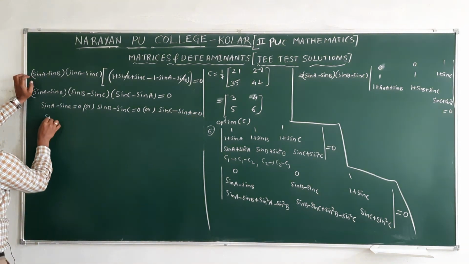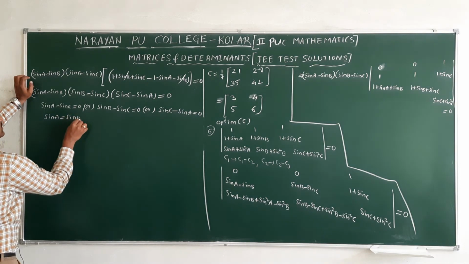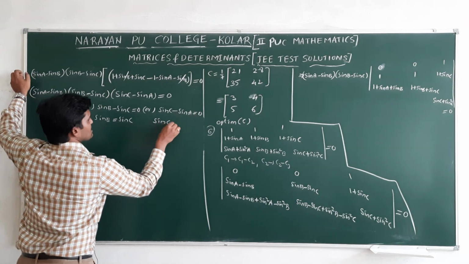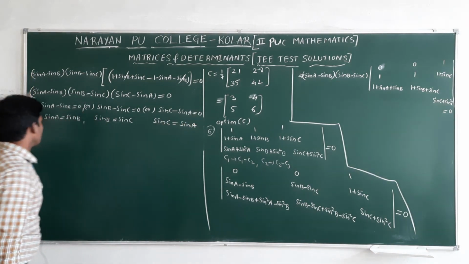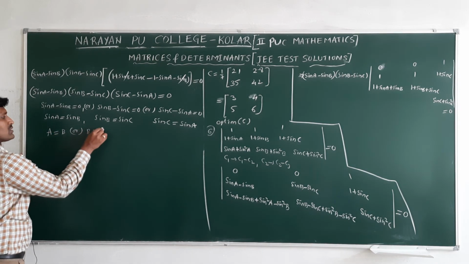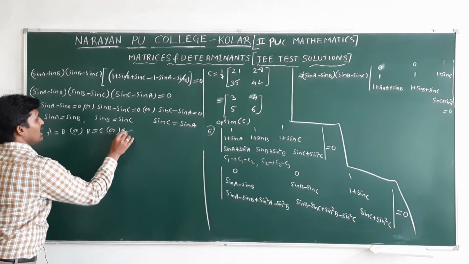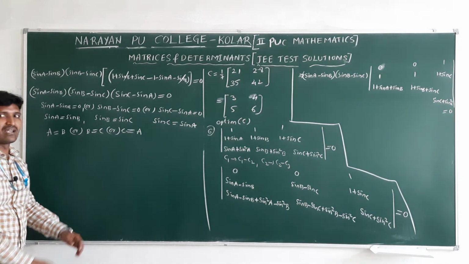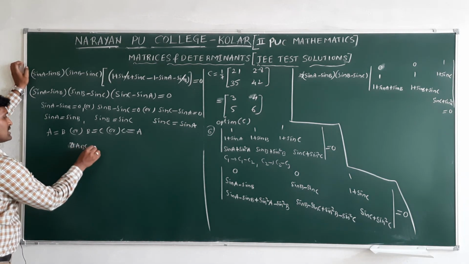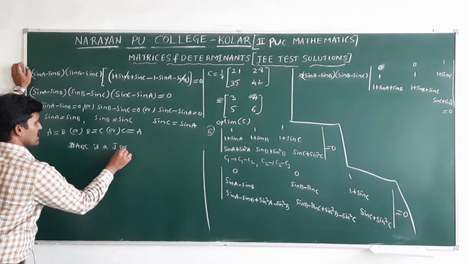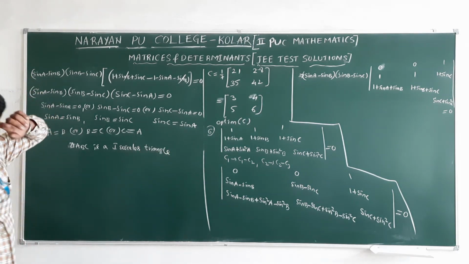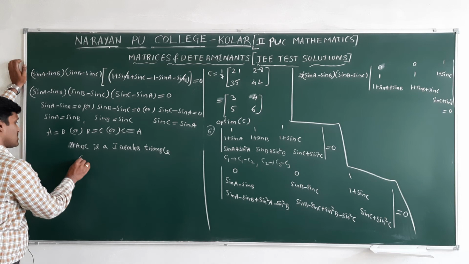From this, sin A equals sin B, sin B equals sin C, sin C equals sin A. When these two values are equal, the angles must be equal: either A equals B, or B equals C, or C equals A. Any two angles being equal means which triangle? Isosceles triangle, that is, triangle ABC is an isosceles triangle. Isosceles triangle means which option? Option 2 is the correct one.